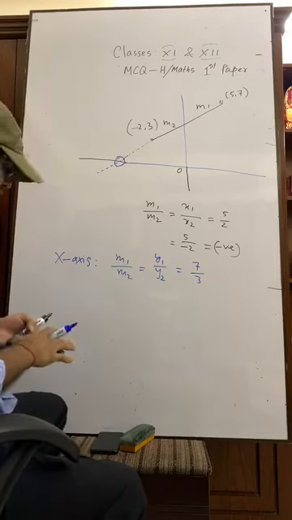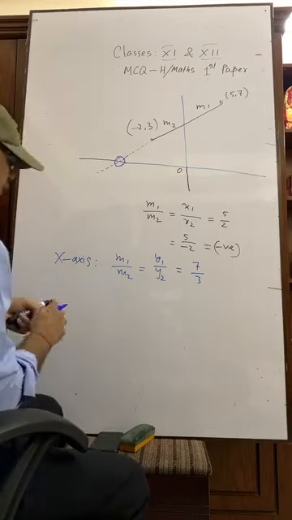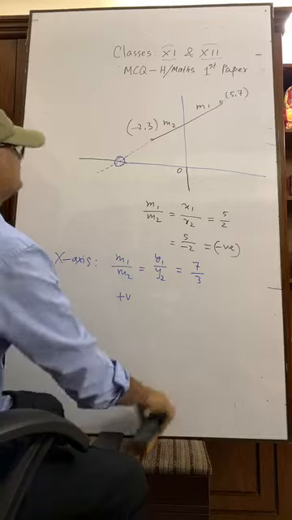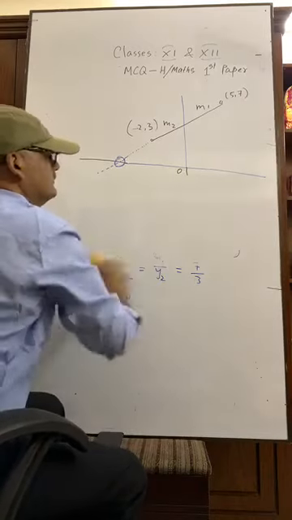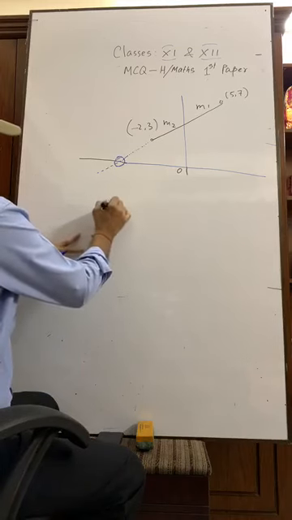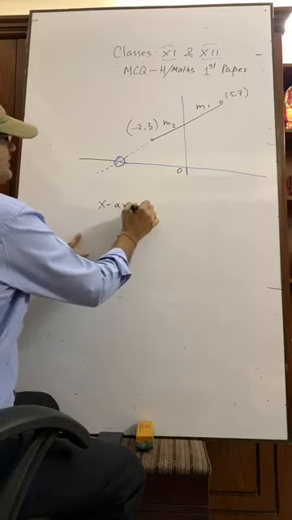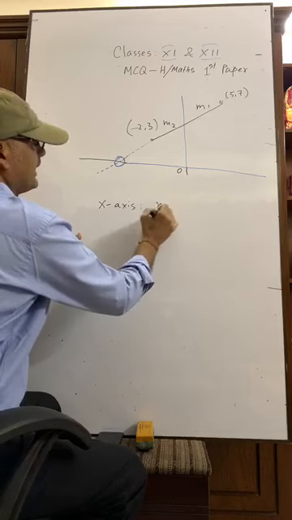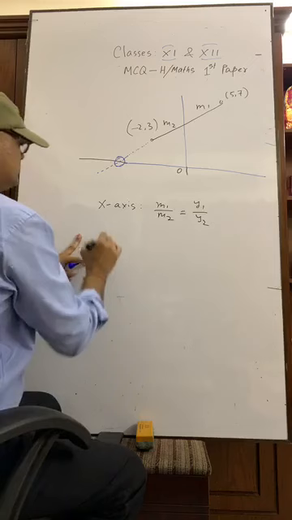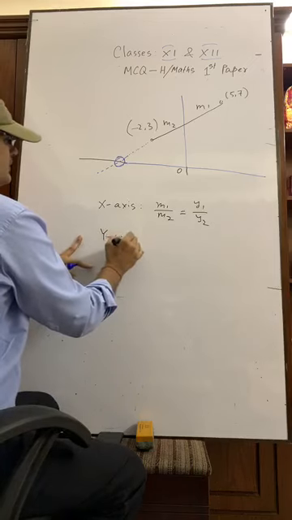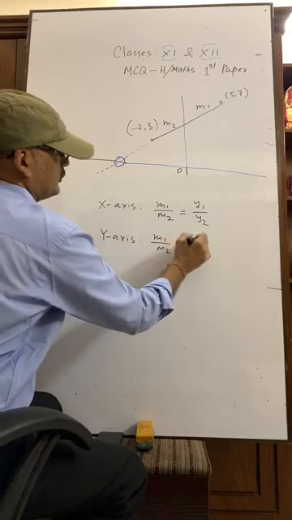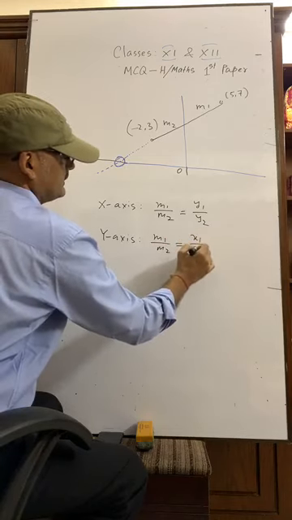So what we conclude is this: for the x-axis, M1 by M2 equals Y1 by Y2, and for the y-axis, M1 by M2 equals x1 by x2.